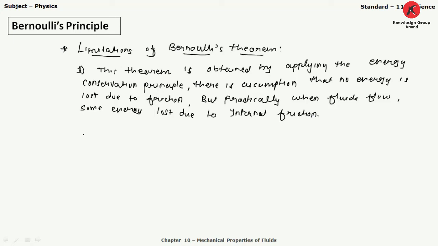So this is the first limitation, and the second one is, for applying Bernoulli's theorem the fluid must be incompressible, right? If you want to derive the equation for Bernoulli's principle, the fluid must be incompressible, density is constant throughout.